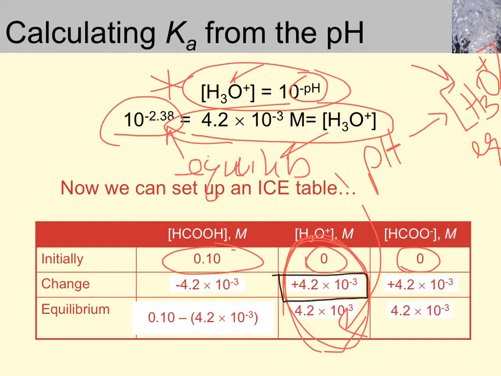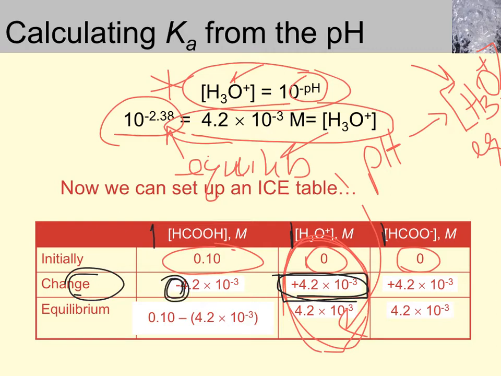Once you have the change of any of the reactants and products, you can figure out the change of the rest of them. Look back at your balanced reaction. Look at the coefficients. They're 1 to 1 to 1. They all have an assumed 1 in front of them. And so the change for each of them is the same, 4.2 times 10 to the minus 3. Just remember your signs. Reactants are decreasing in general.